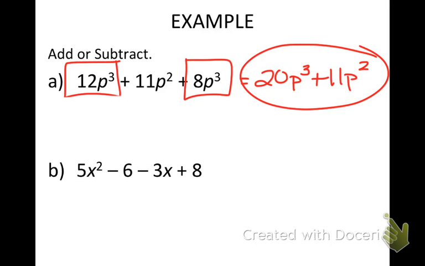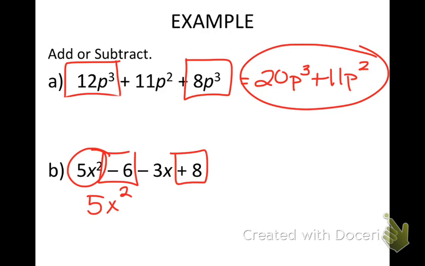All right, so for the B one, we have 5x squared minus 6 minus 3x plus 8. Do I have like terms? Yes. My highest degree is 5x squared, so the 5x squared stays. I have a negative 6 and a positive 8, which would go to a plus 2.